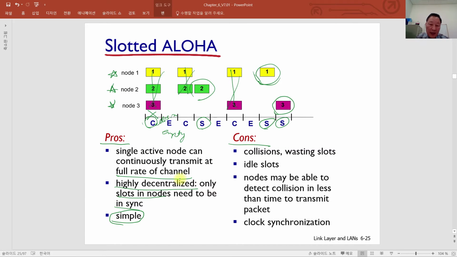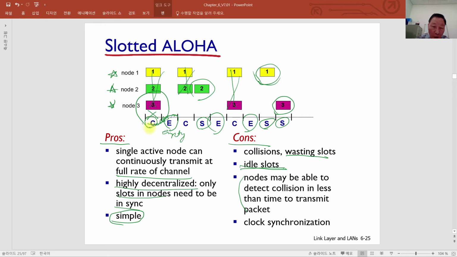Those are advantages, but the disadvantage is collisions. When there are collisions, the channel is wasted. And there may be some idle slots like this, idle. This is wasting their slot because of those idle slots. Nodes may be able to detect collision in less than the time to transmit a packet.